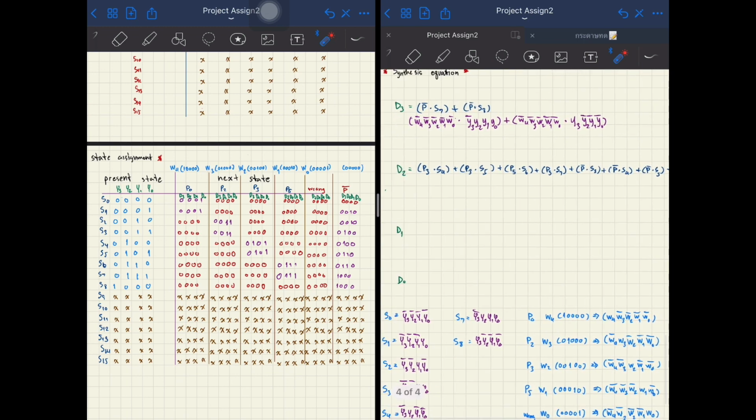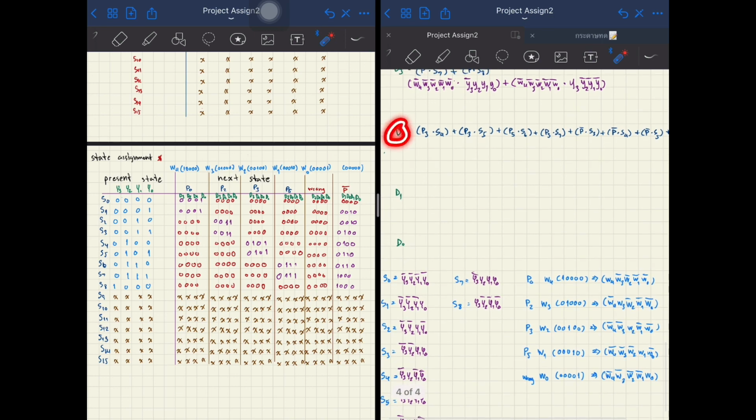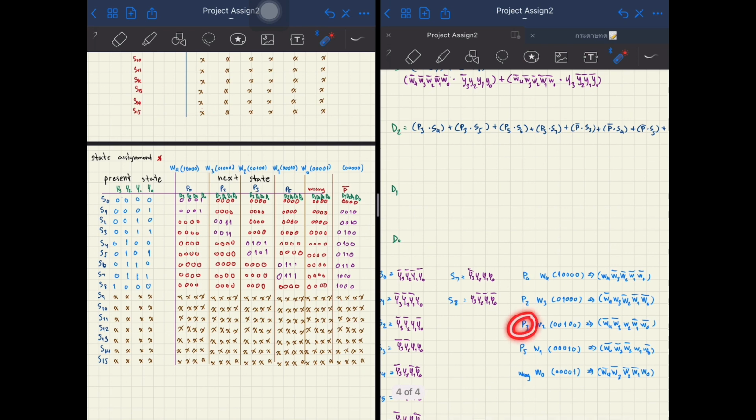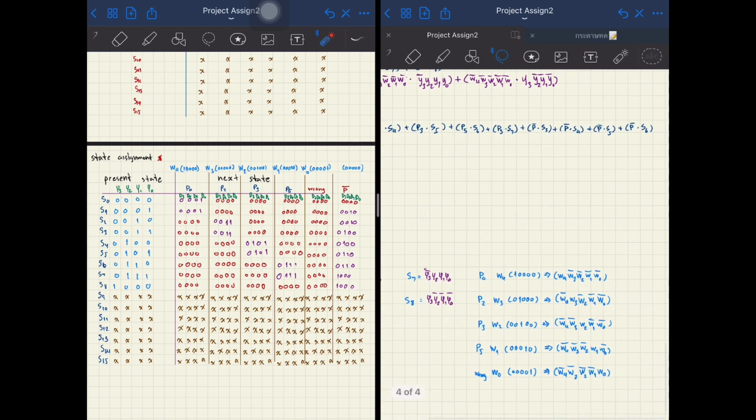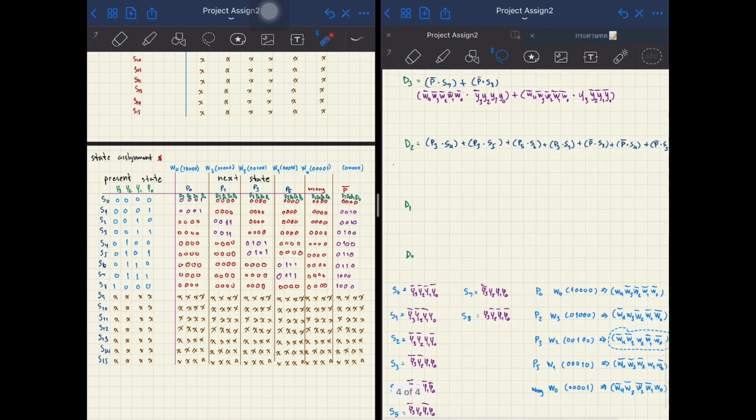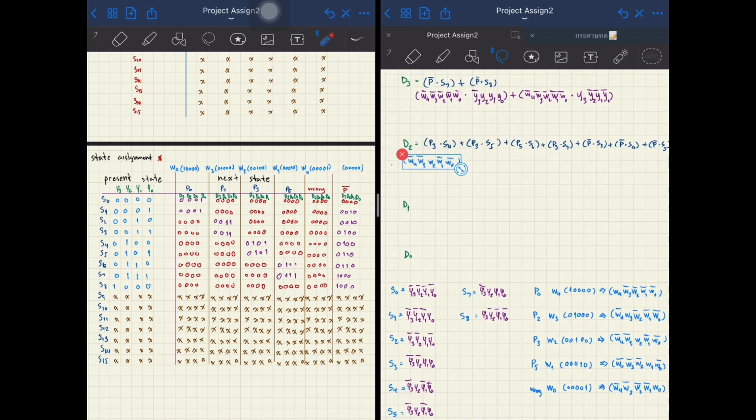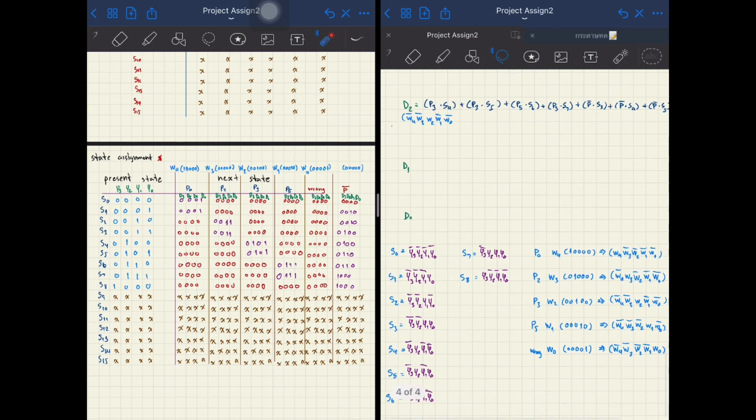And then so we look at our D2. Here it is P3, right? P3 it is this term, so I will copy it. Okay. And with S4 is this thing, right? So we copy and paste.